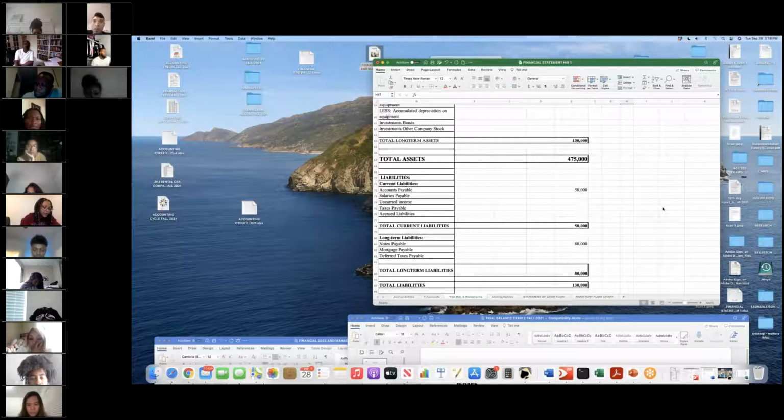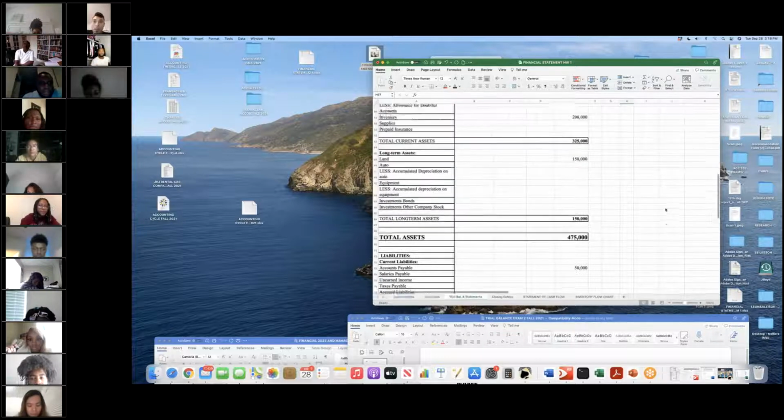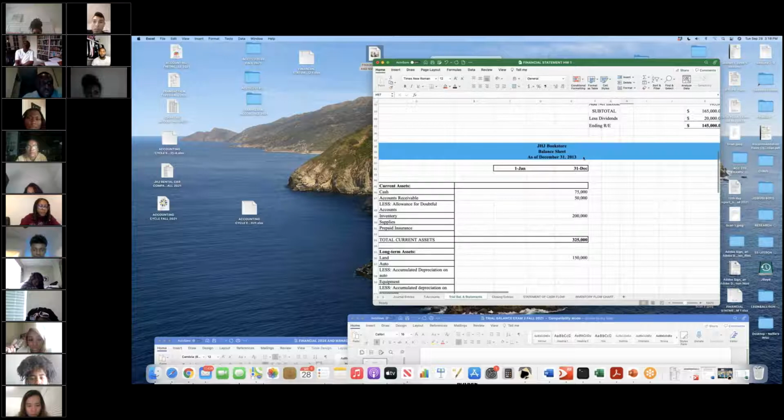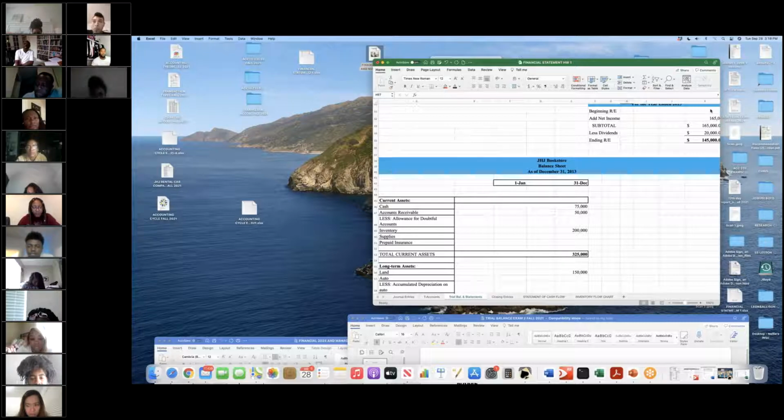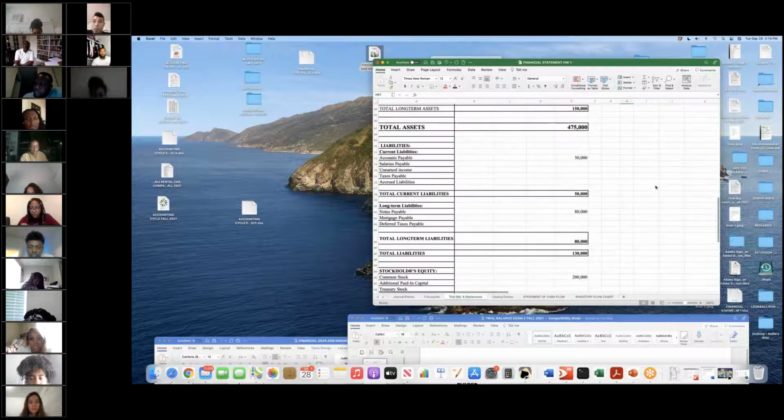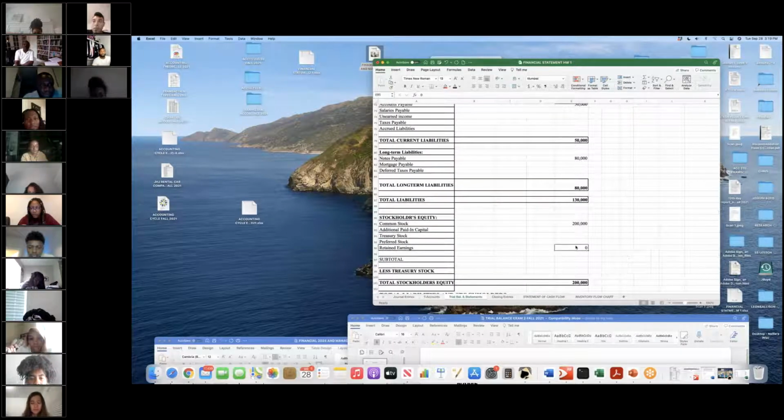So how do we get to 475? You add the retained earnings. We have to come and get this 145 ending retained earnings, so not the beginning zero, but the ending, and put that in. And so now this number becomes what? 345.